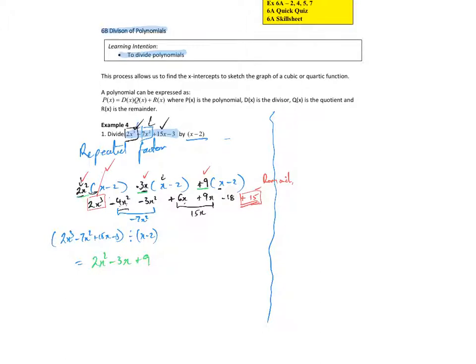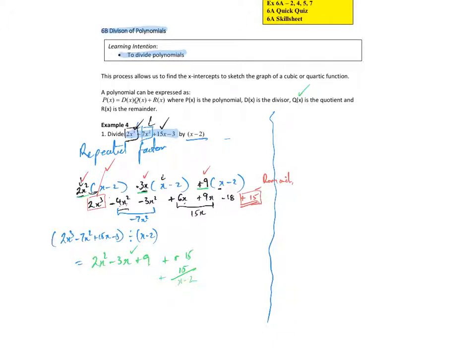Okay, so there's my quotient Q(x) plus a remainder 15, which if you think about the remainder, it just simply means 15 has not been divided by anything yet. So we write that as plus 15 over x minus 2. All right, so that's what I end up with, and there's my remainder.